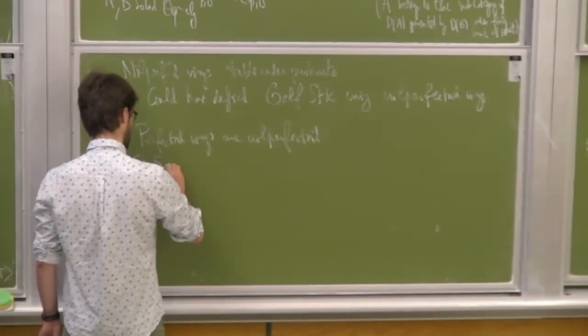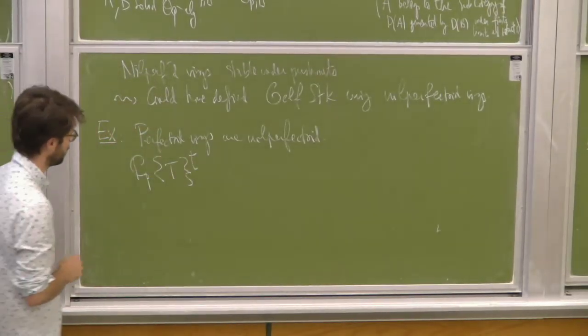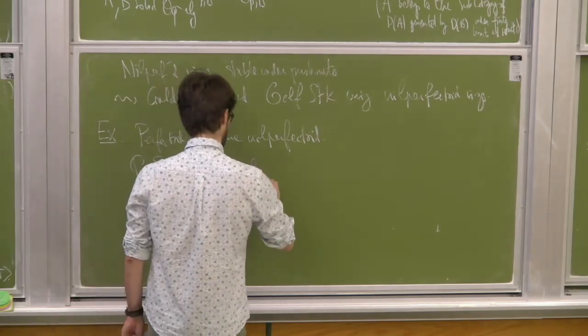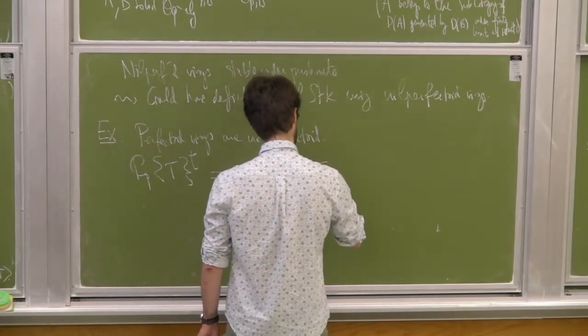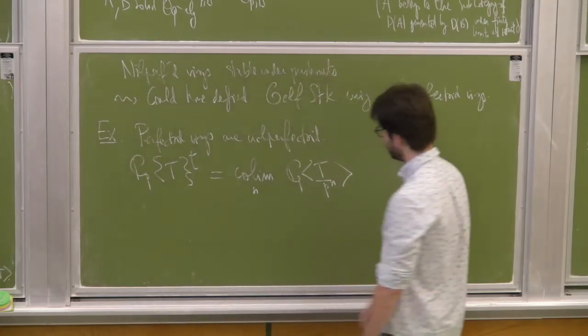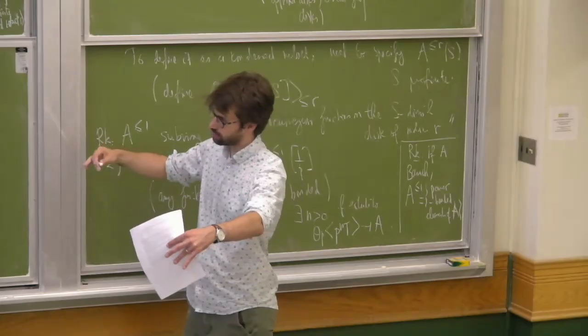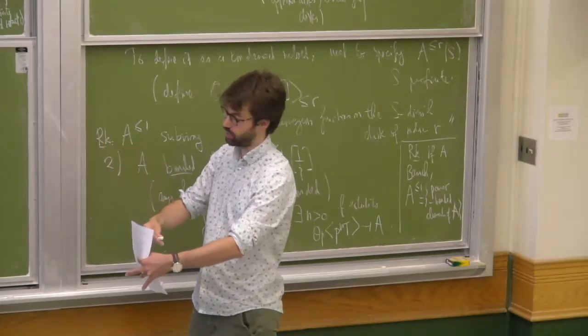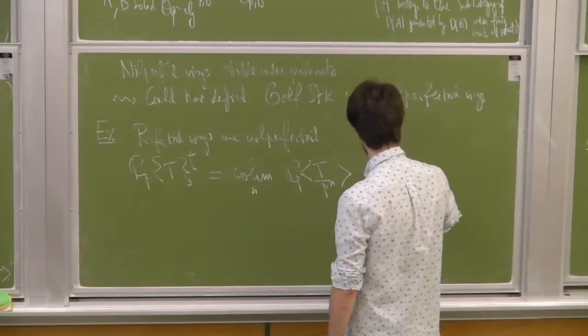Let me give a non-perfectoid example. If you take C_p, write it like this, C_p T dagger, it's a colimit of Tate algebras in T over p to the n. So that's like functions which are defined on some overconvergent neighborhood of 0. This is a nil perfectoid.